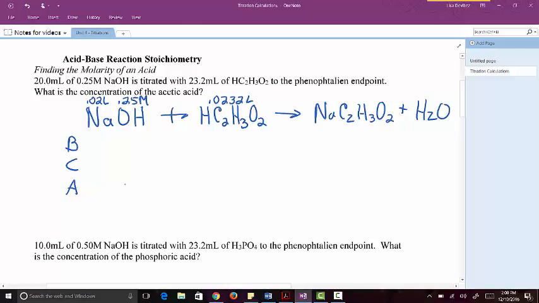So the first thing that we know with titration is that we want to end up at the equivalence point, which is where both reactants are at 0. In this one, we're just working with the acid and the base, so I'm just going to squiggle out that we don't care about those.